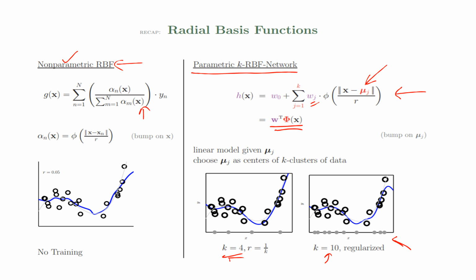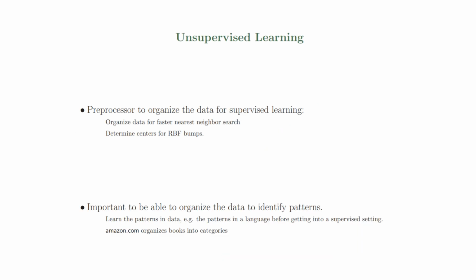All right, so having recapped this, today we are talking about unsupervised learning. Unsupervised learning is, by definition, trying to find patterns or organization within the data because we are not using the labels that we've been using until now. So we don't have the answers.